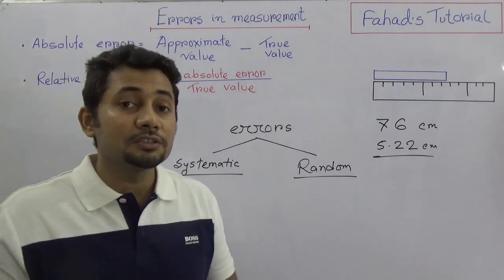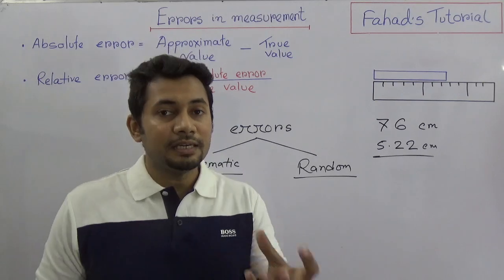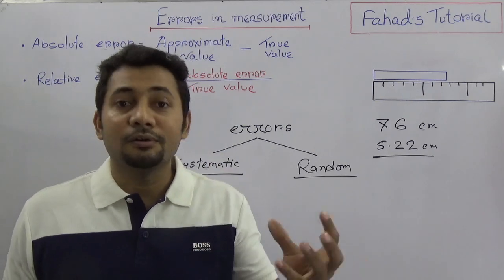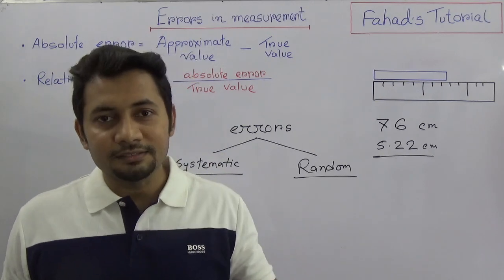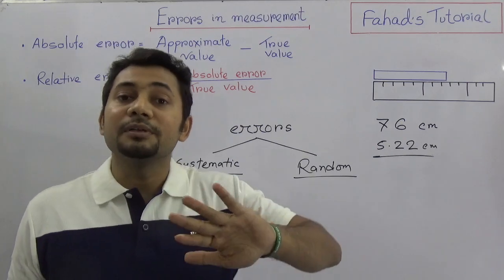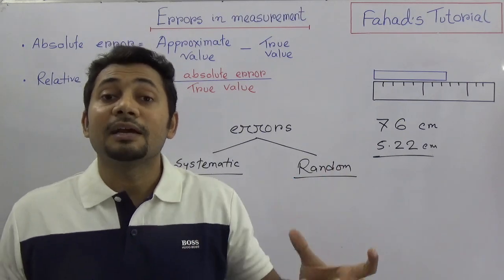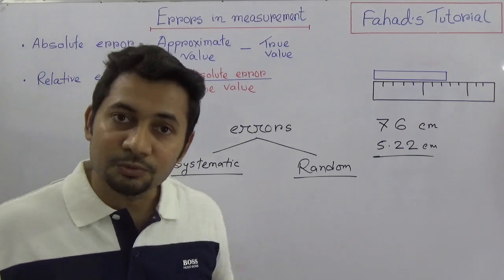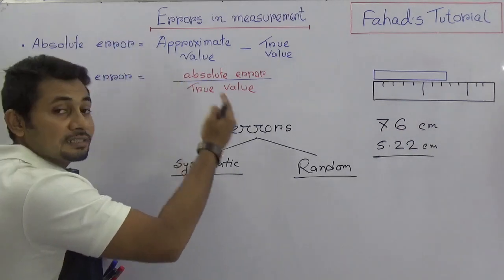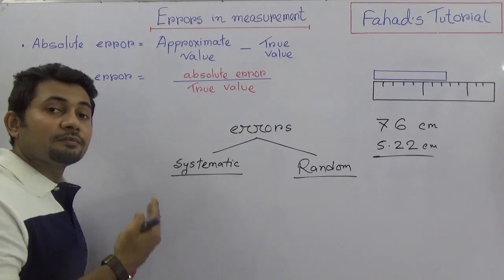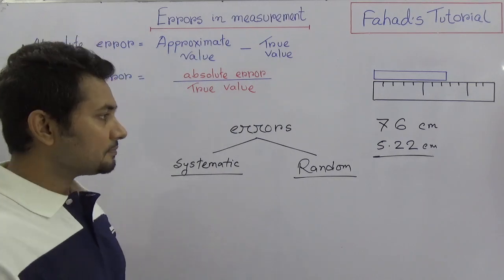As we don't know the true value, we measure the approximate value or measured value including the errors. That is why we need to remove those errors by calculating them, and in this video I'll show you what relative error and absolute error are.